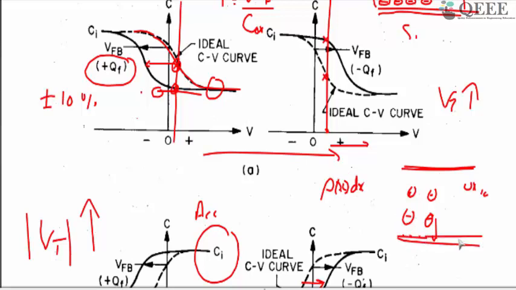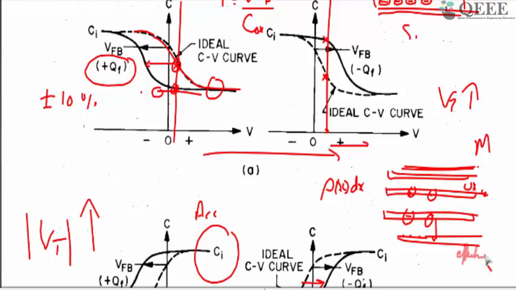You can lump all the distributed charges as a single sheet charge. Depending upon the distribution, it could be somewhere here or here. If it is close to the metal, it is not very effective. It has to be close to the semiconductor to be very effective.